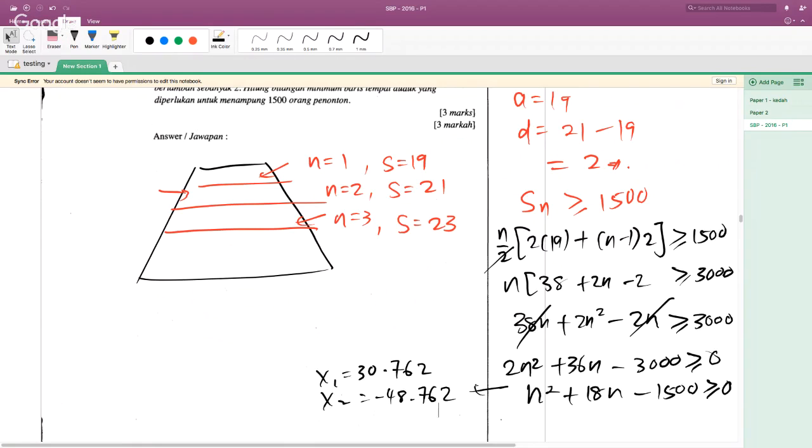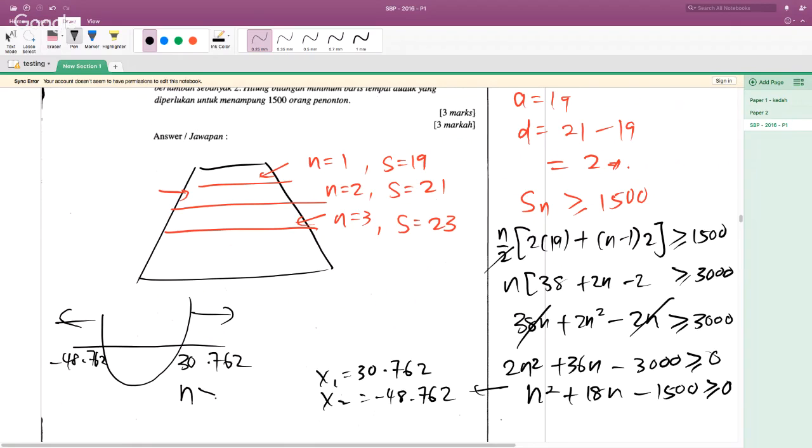Alright, because this is inequality, you cannot straight away do this. So you have to draw out the bell-shaped diagram. And bigger means going these 2 directions, right? So I have negative 48.762 and the other one is 30.762. Because of going this direction, I can say that n is bigger than 30.762. And the negative value I will ignore because n cannot be negative.